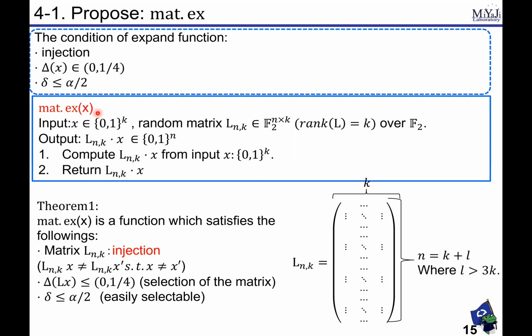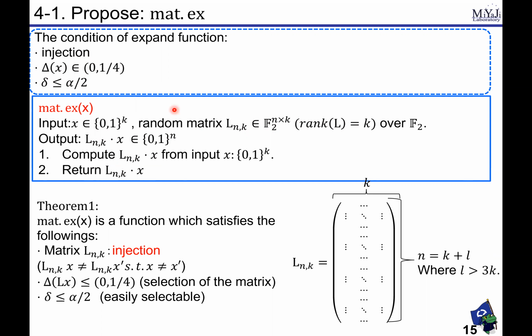So our matrix takes input a k-bit vector x and a random matrix L. This random matrix L, we can select uniformly at random, satisfying rank k. So any matrix L is alright if it satisfies rank L equals k. And we compute L times x, and we output this L times x as the output of MATX.